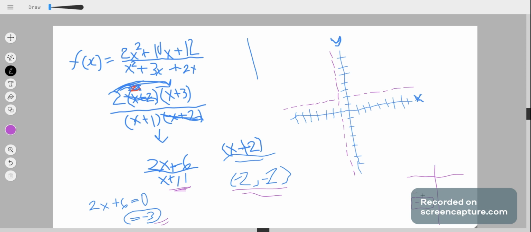So negative 2, negative 3, and I don't have enough room. Let me delete this line, and then we're going to do negative 4. You should probably do at least 3 different numbers for these.